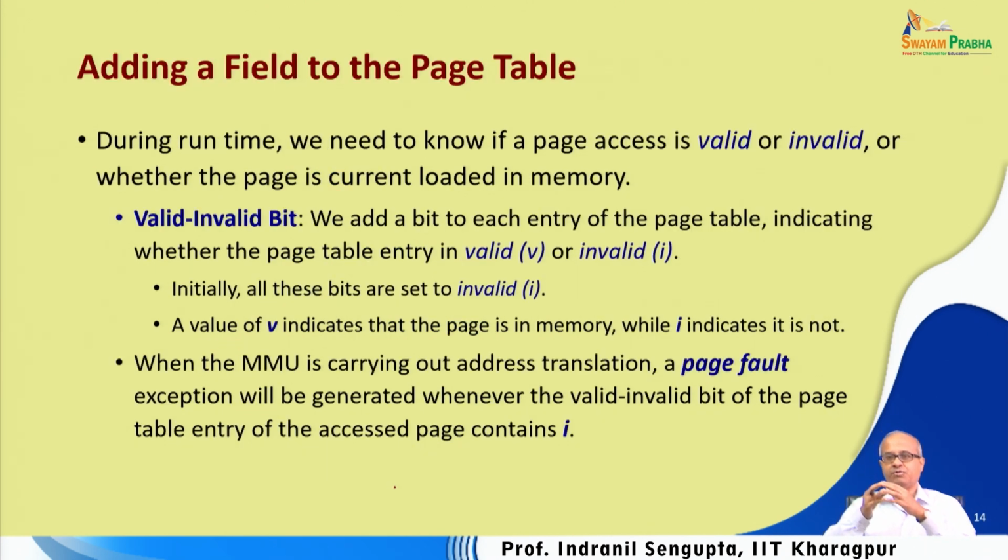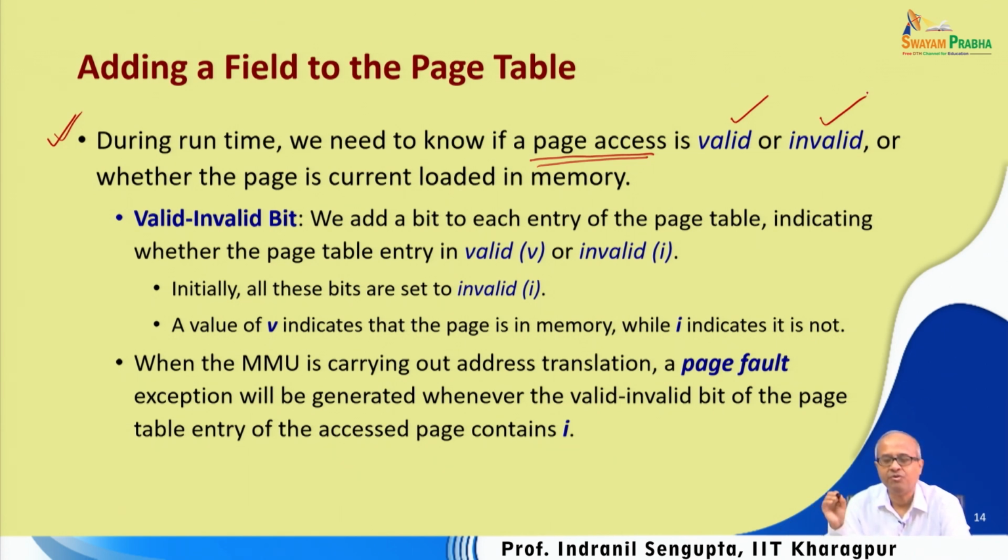Now, we already mentioned that when some of the pages of a process are loaded in memory, the page table has to store some additional information, whether a page is currently in memory or not. This is done using something called a valid bit, because this is a requirement of demand paging. When the CPU is generating an address and you are accessing a page, you need to know whether the page is valid or invalid.